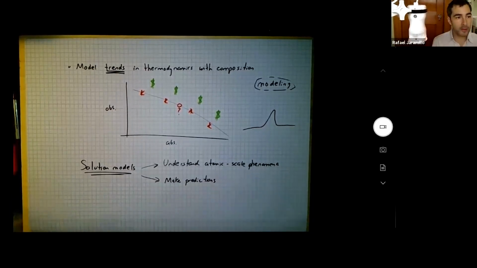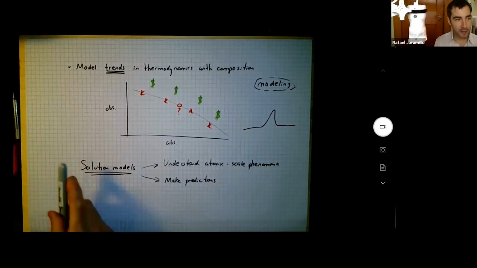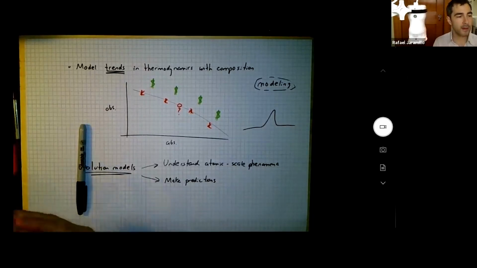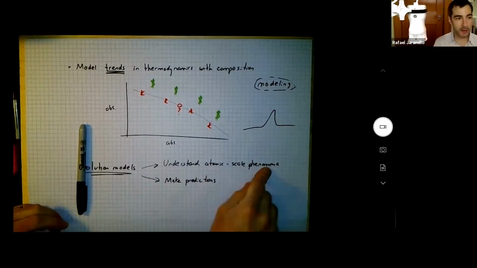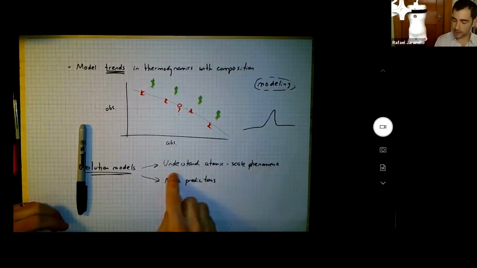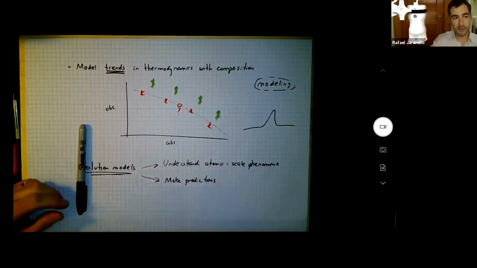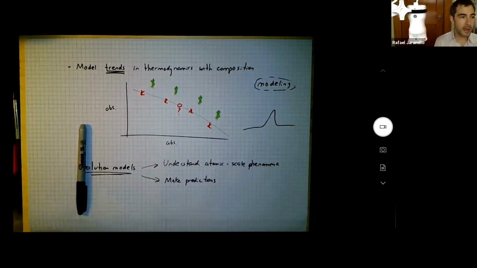And this is almost always what models are used for in the sciences. When you're taught models, like in a physics class, it normally starts from some underlying atomic scale phenomena, and you get F equals ma, and then you build up a model of something, a weight on an inclined plane, and then you can use that to make calculations.